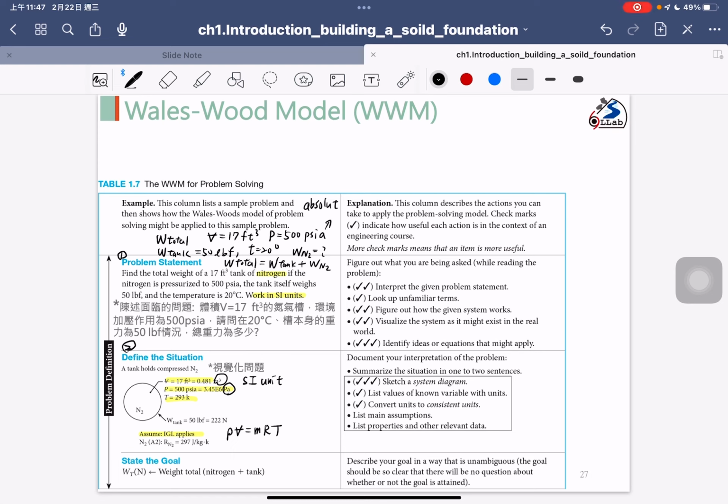And if we have the volume of the nitrogen, we know the pressure already, and we can check the table to find the specific gas constant. And the question already tells me the temperature conditions. So the only unknown parameter is the mass of the nitrogen.